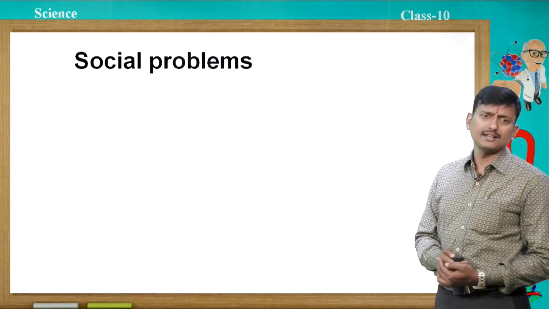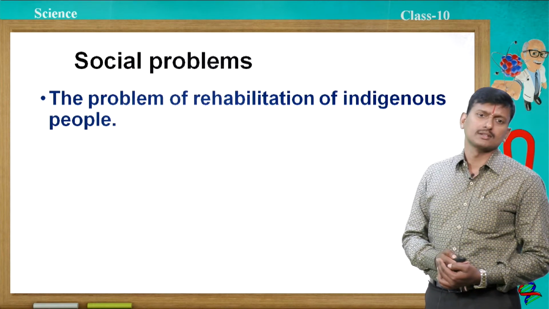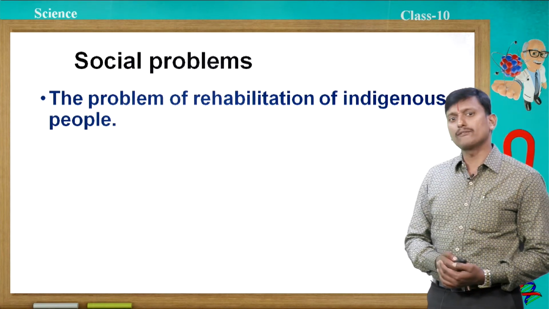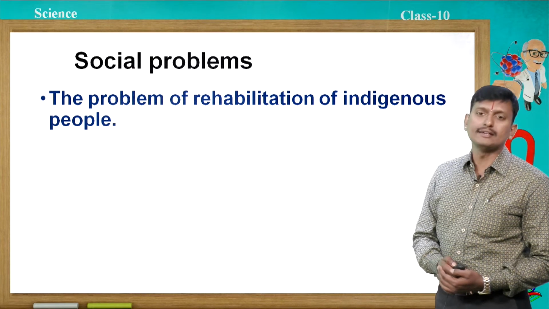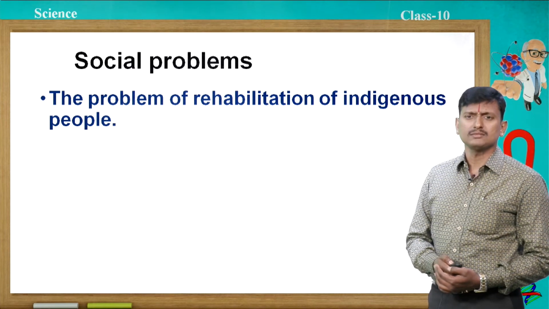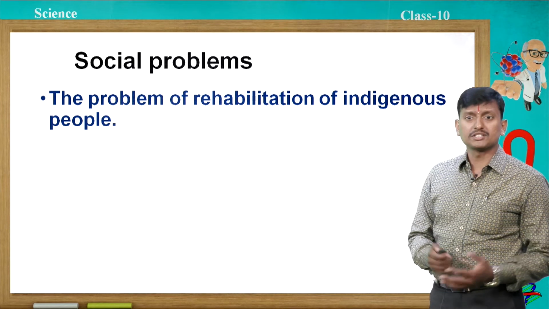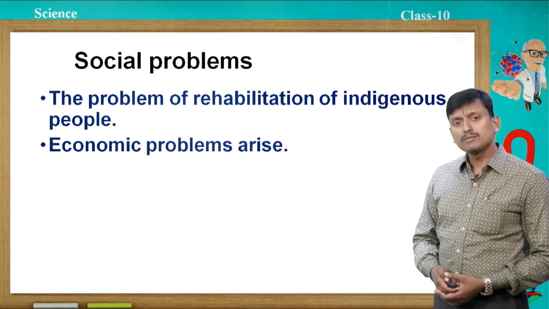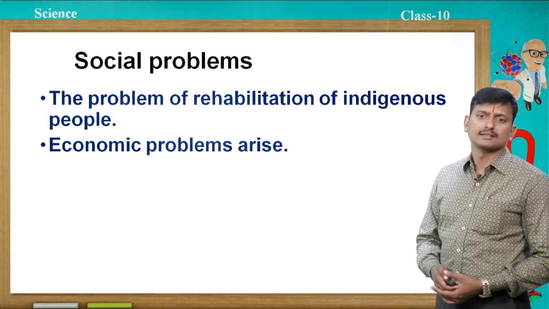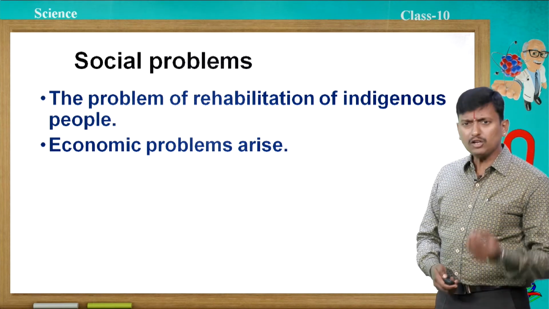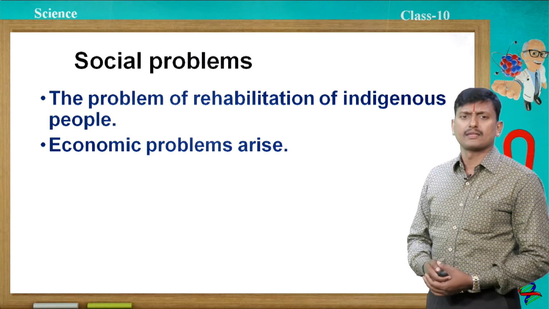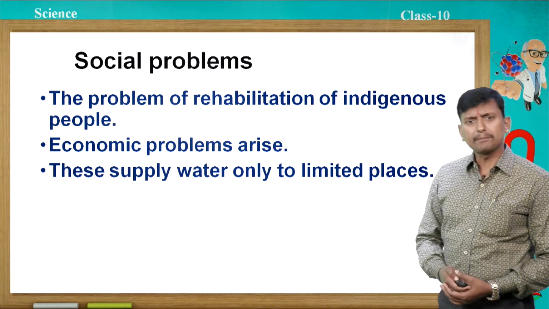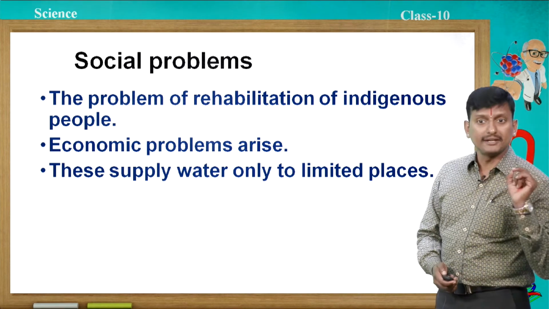Number one is social problems, that means the problem of rehabilitation of indigenous people, because for constructing dams we need a lot of land. Economic problems arise: we need a lot of money to construct a dam. It also supplies water only to limited areas.